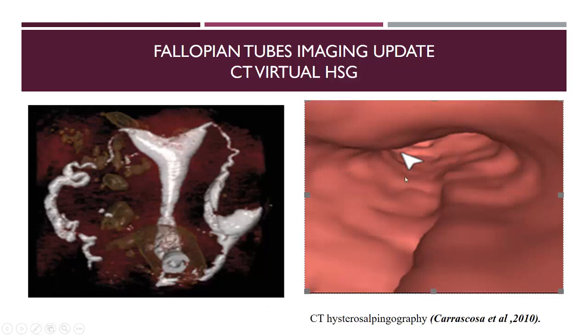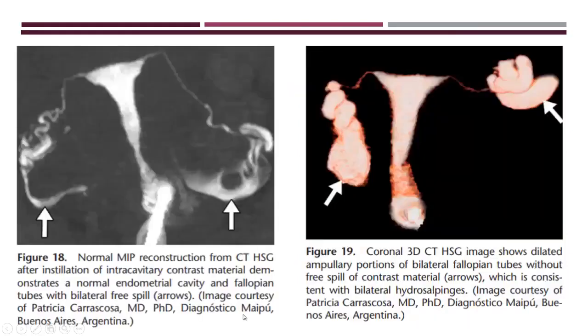We can do navigation within the tube and see if there is a polyp or synechia during the CT examination. This is another case showing bilateral hydrosalpinx on CT, coronal 3D reconstruction, very nicely delineated on MIP, and we can see also the mucosa of the fallopian tubes. The merit of CT is we can see the extraluminal component. If there is a fibroid or something, we can see it on CT also.